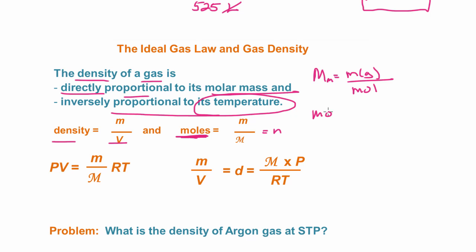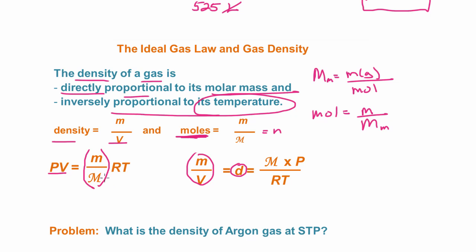So we just rearrange this where moles is equal to the mass in grams over the molar mass. Okay? So we can substitute this into the ideal gas law for n. So we have PV is equal to mRT over the molar mass. Now, we know that mass over volume is equal to density.